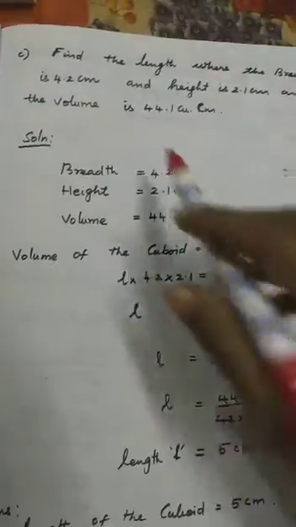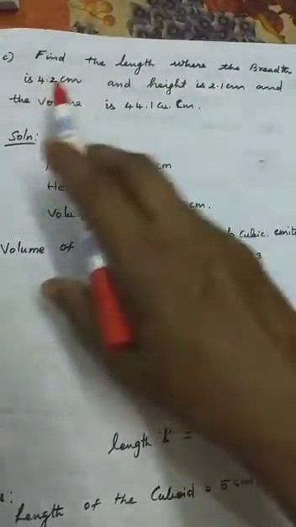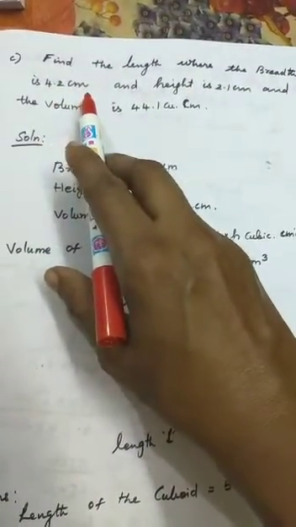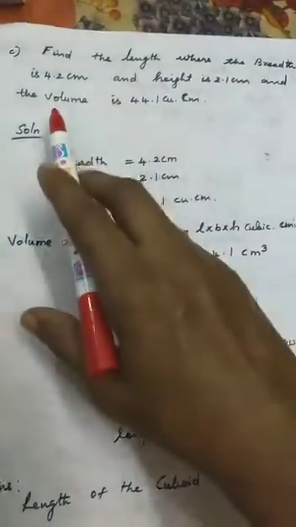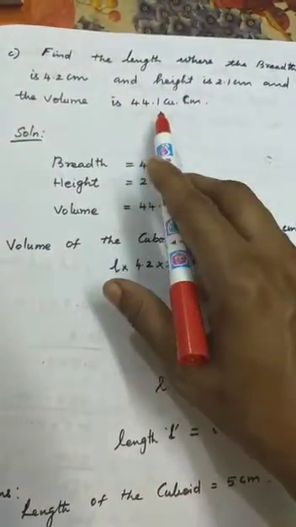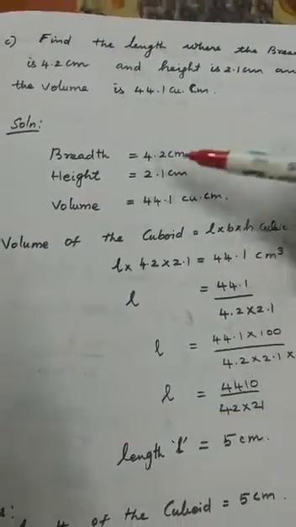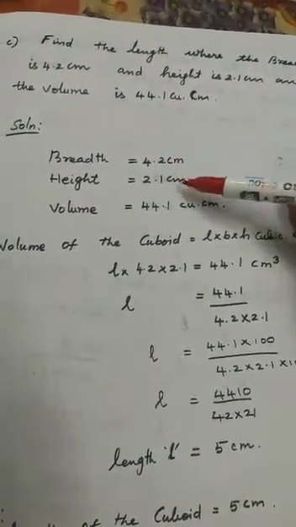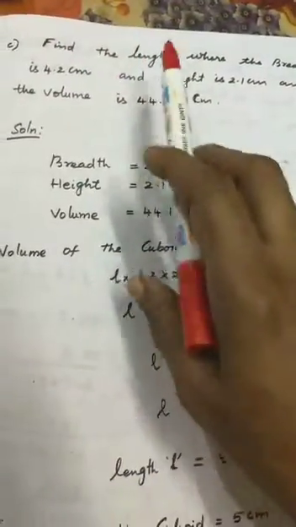Okay. Then the next sum. Find the length where the breadth is 4.2 centimeter, height is 2.1 centimeter and the volume is 44.1 cubic centimeter. Okay. They are given breadth, height, volume. Here what you have to find? Find the length.